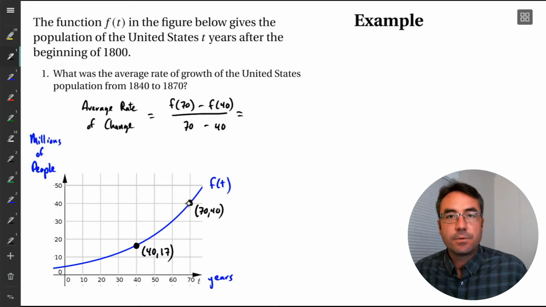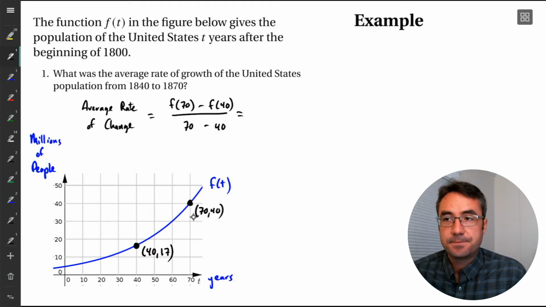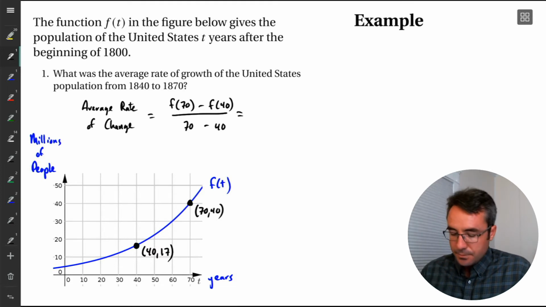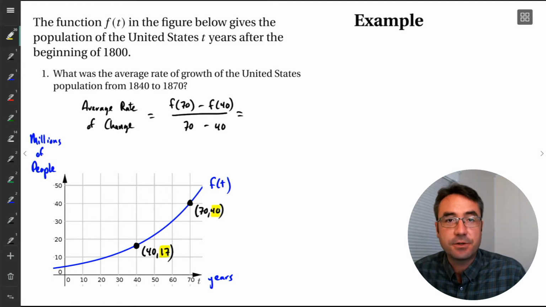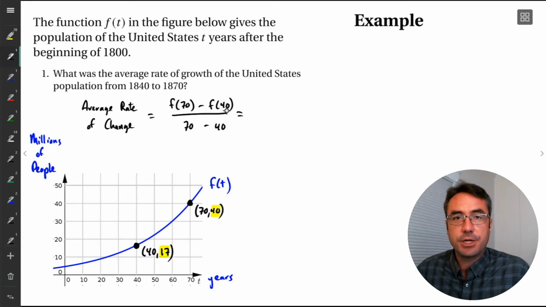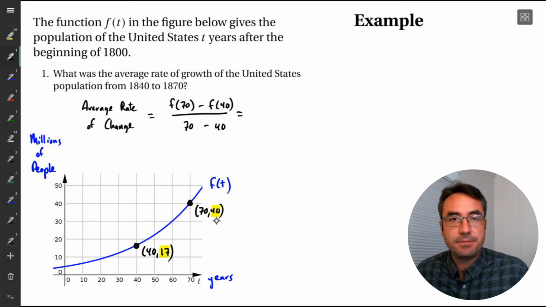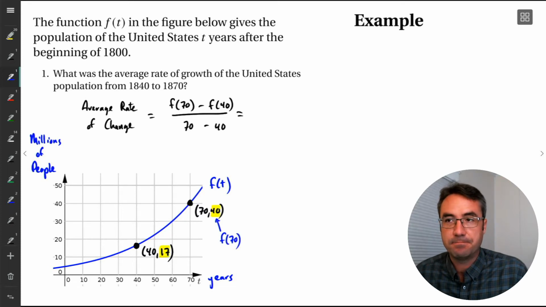Again, we're just estimating based off of what this graph looks like. All right, so the y coordinate in each of these is the function value. So when we go to our difference quotient here, f of 70 is going to be this number right here. This is the function value at time 70.